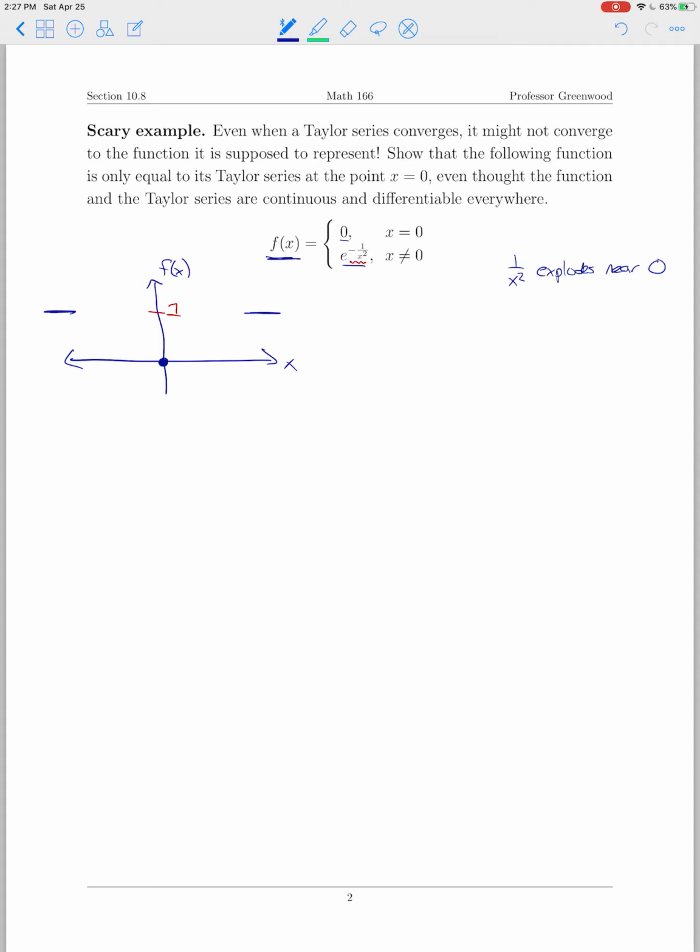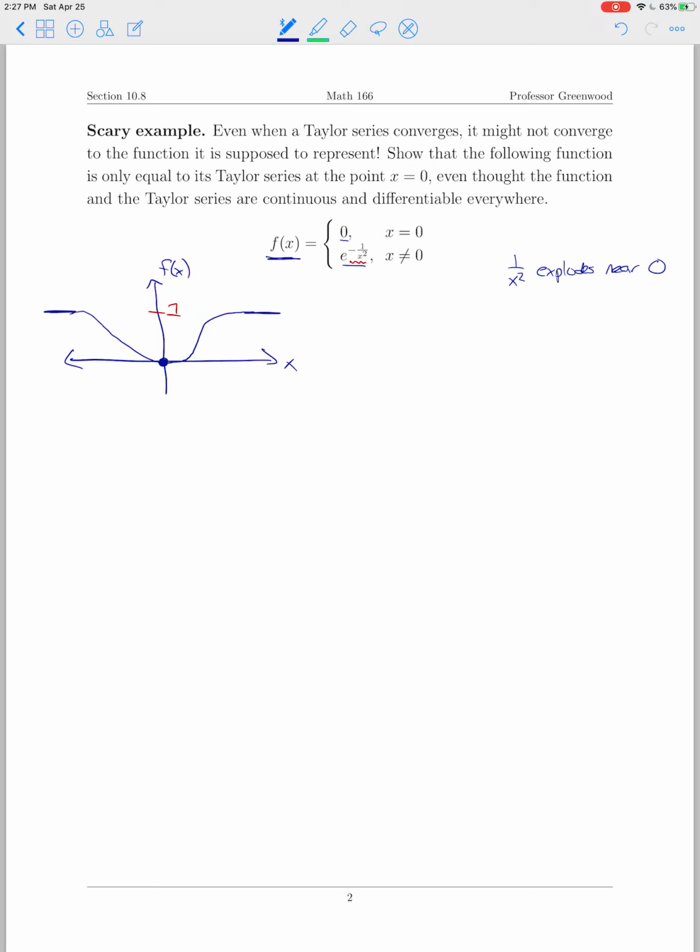And so if I'm putting a negative sign out in front of that, it's going to be very, very negative. And if I take e to that, then it's going to be very, very small, because it's going to be e to a very large negative power. And so that means that my function will be really close to 0 near 0.